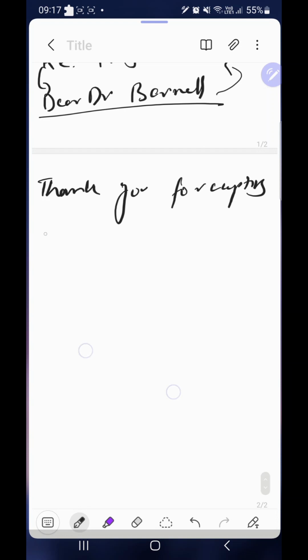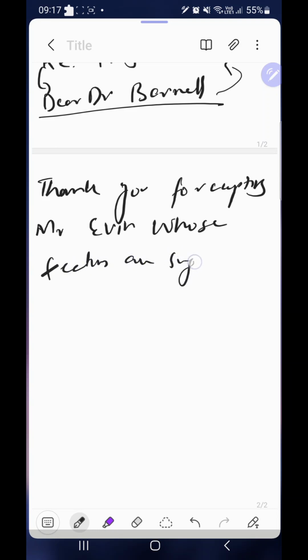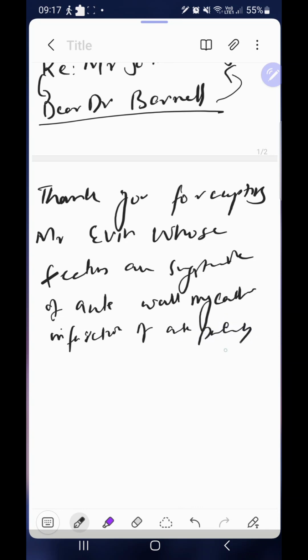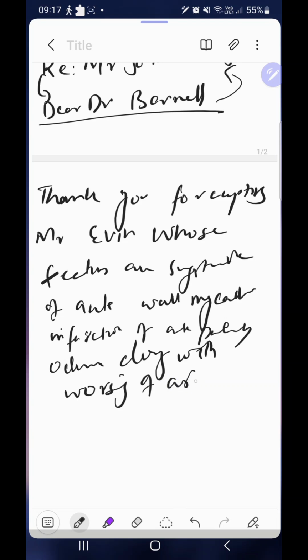Thank you for accepting Mr. Alvin, whose features are suggestive of infarction, acute pulmonary edema, along with worsening of asthma, for further management, right? So we can write this in the introduction.